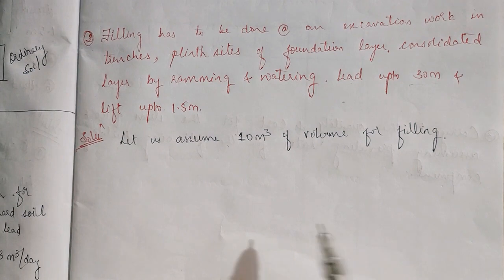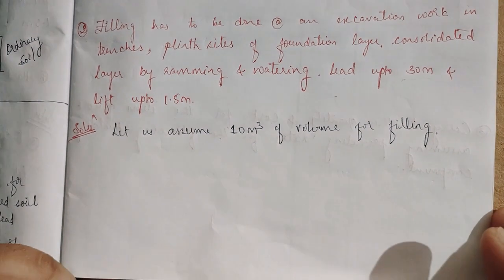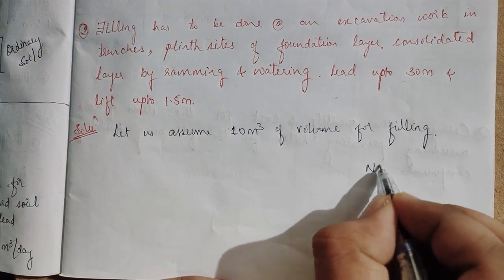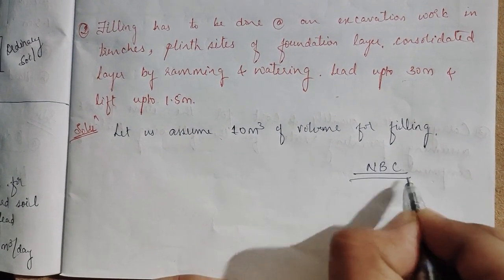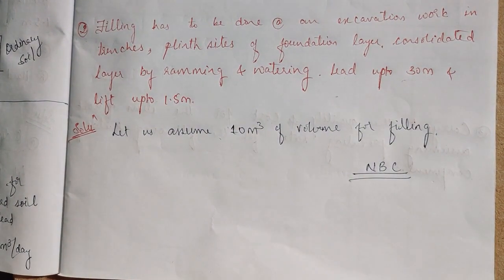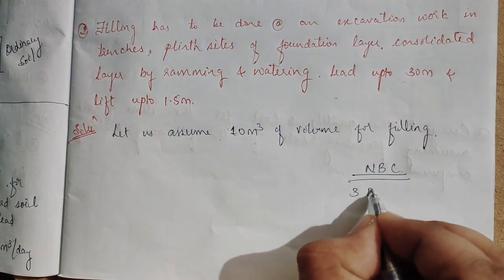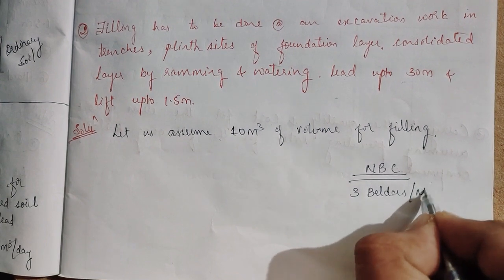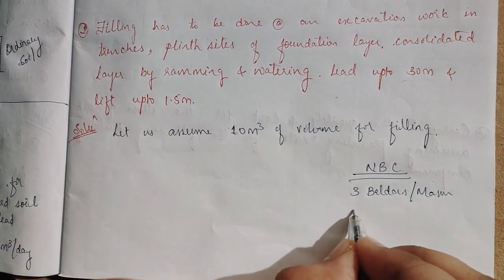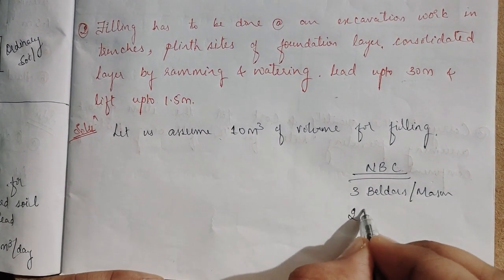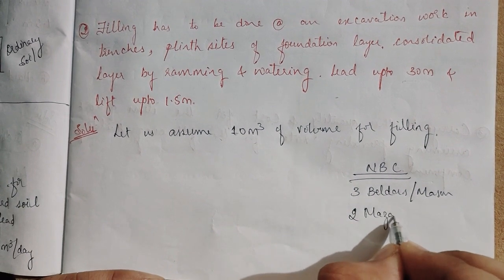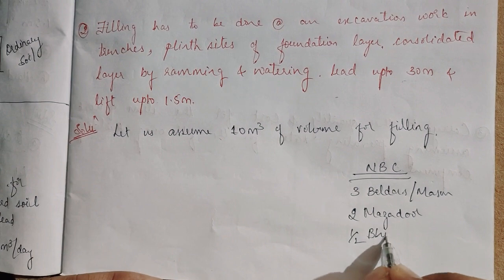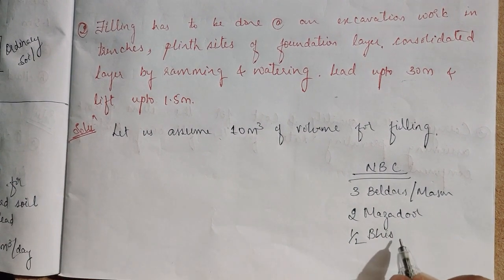Now I'll tell you the code here only, so it's all given in the textbook. Okay, according to the NBC, for filling we require 3 beldars, means head mason, and 2 mazdurs and half bhishti, a man who helps us, helping man.